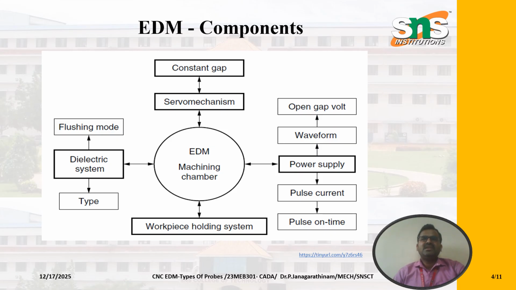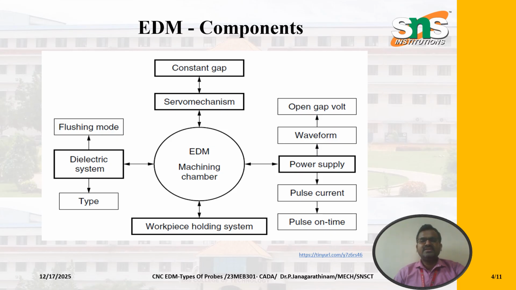Majorly we focus on three input parameters: pulse on time, pulse off time, and voltage. These three are the important input parameters to consider in the machining process. The output parameters are the material removal rate, the volume of material removed per unit time, and surface roughness.